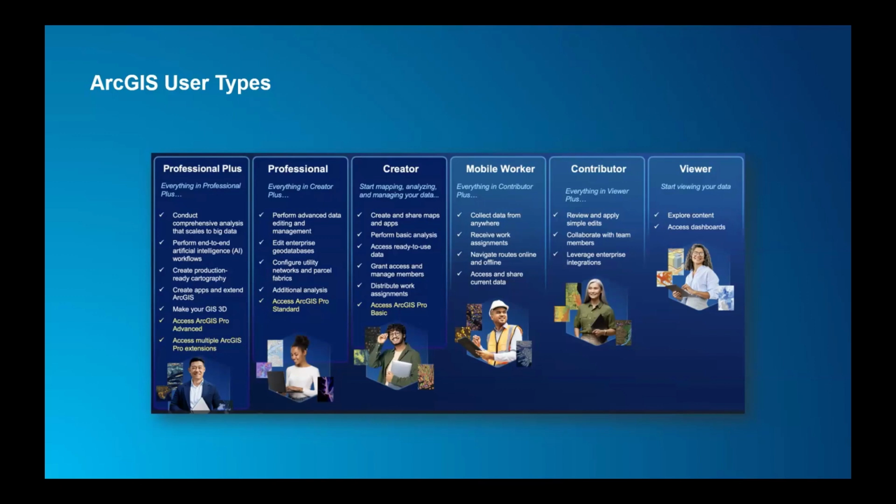Creators can manage groups, members of the organization, and content within the organization, as well as dispatch and manage mobile workers. Additionally, the creator user type allows users to analyze images, videos, and knowledge graphs.